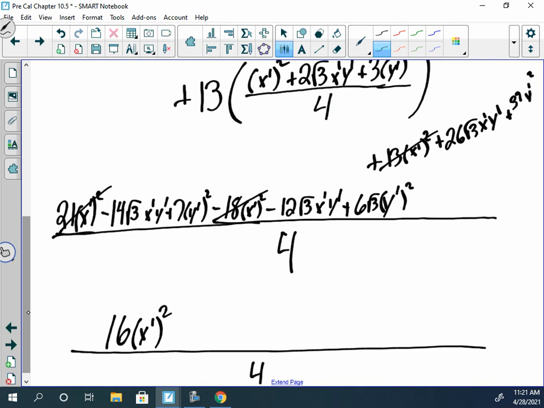Now let's do the middle, the x prime y prime. Negative 14 square root of 3 minus 12 square root of 3. Or negative 26. Negative 26. Those are gone, which is what we wanted, because we wanted those to go away. Then 7 square root of 3, 39.